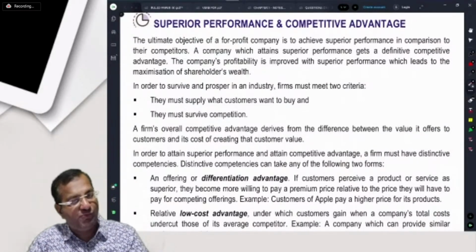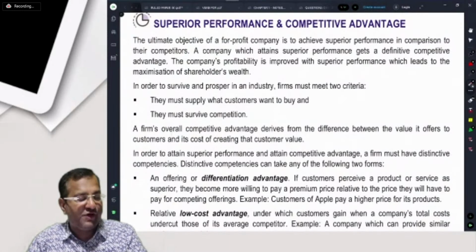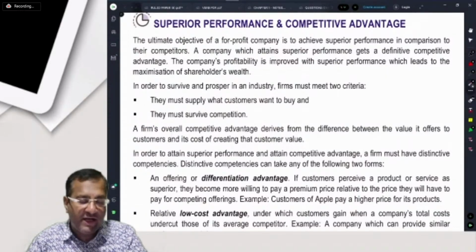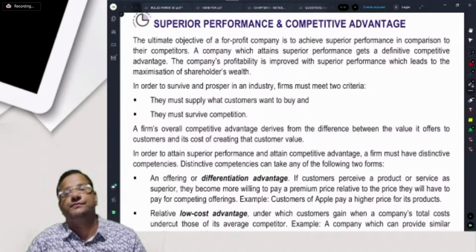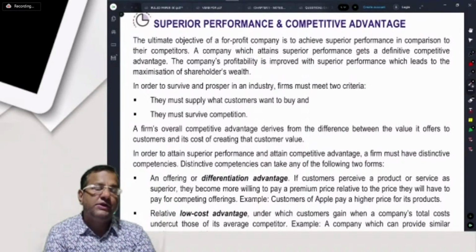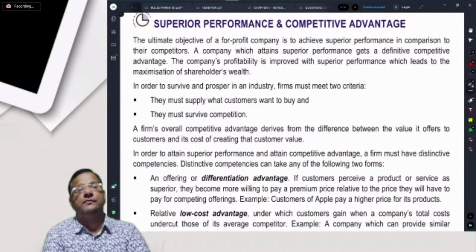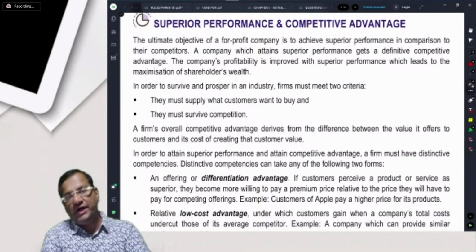Write down the very first point. In order to survive in an industry, comma, the organization must fulfill the following 2 conditions.